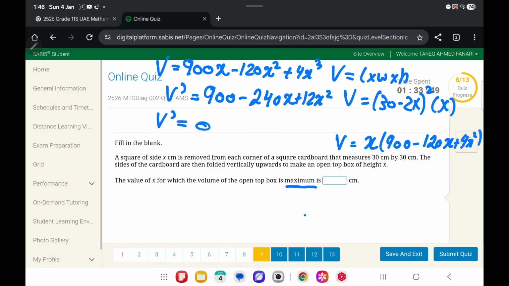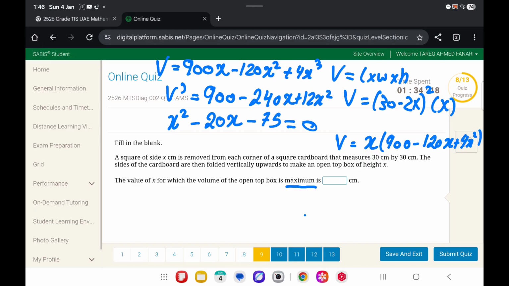Now, I think I can factor 12 out, can't I? 900 divided by 12, yes I can. So, x squared minus 240 divided by 12 is 20, I believe. Let me just make sure. Yes, 20x minus 75 equals 0. Okay, now you can solve this using the quadratic formula. You can solve this with the calculator.